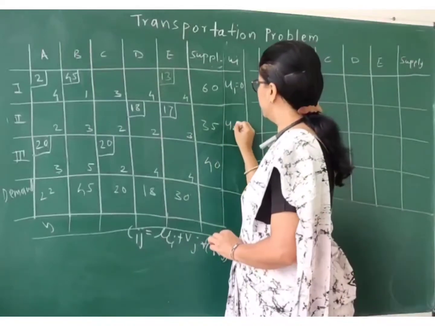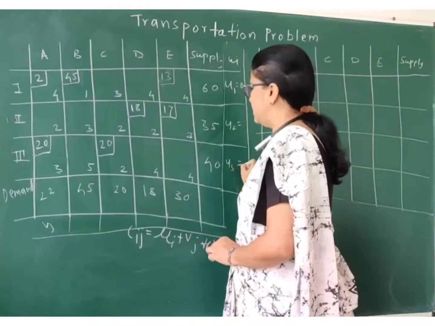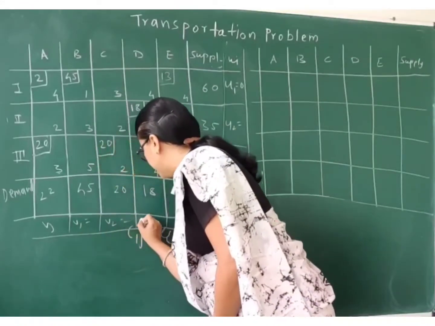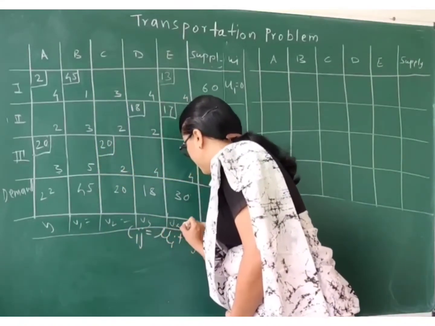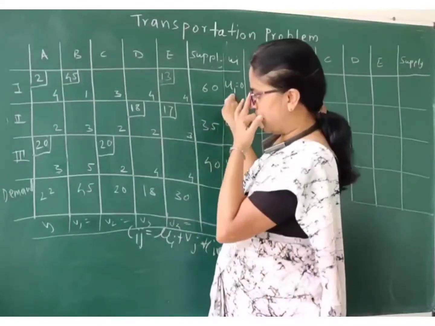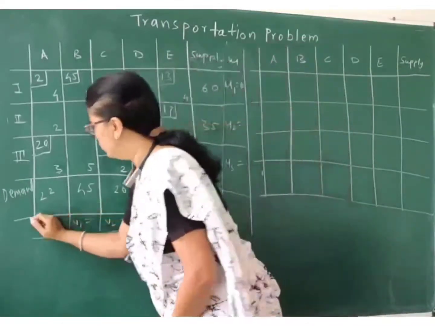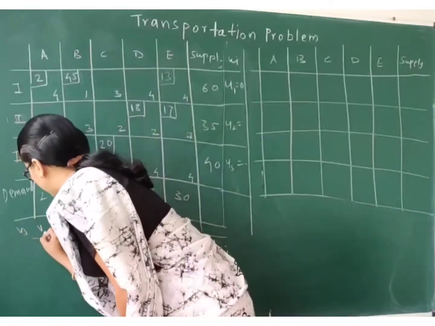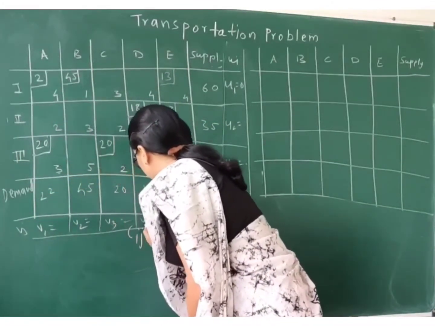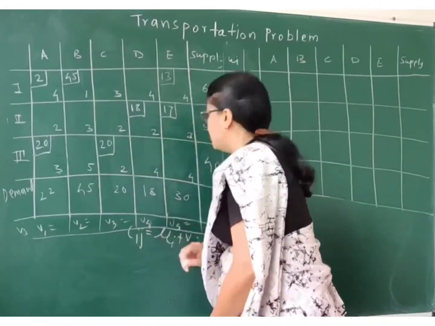Now by using this, I can find all the remaining values of Ui and Vj. Over here I have the values V1, V2, then V3, V4 and V5.